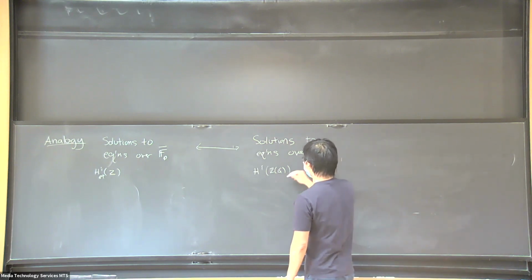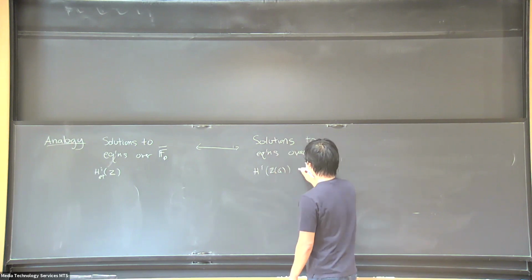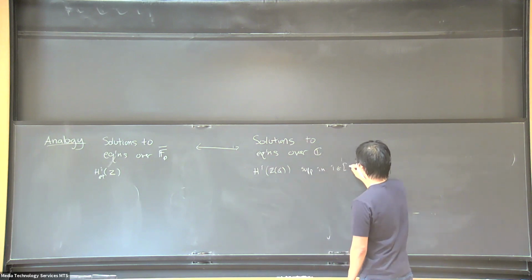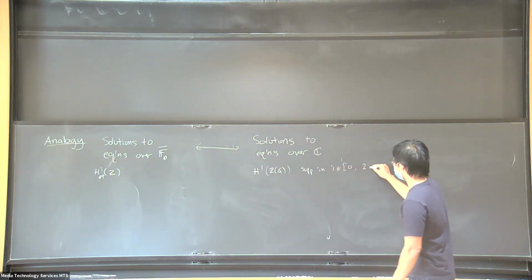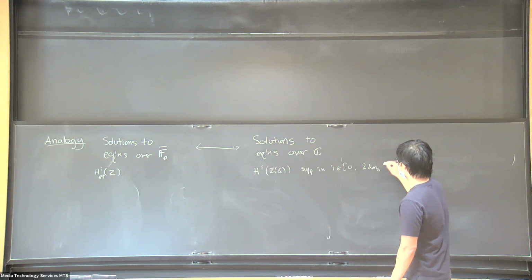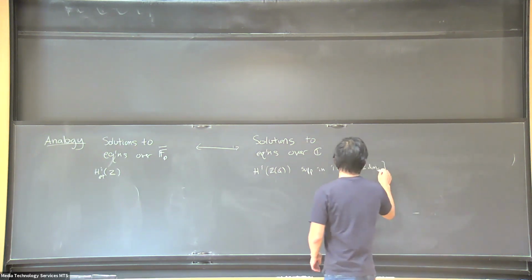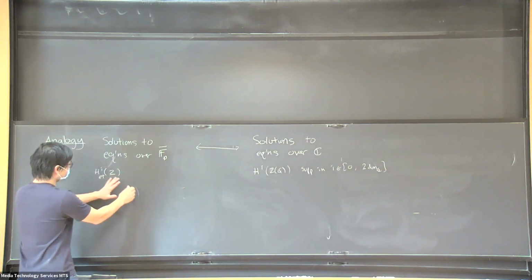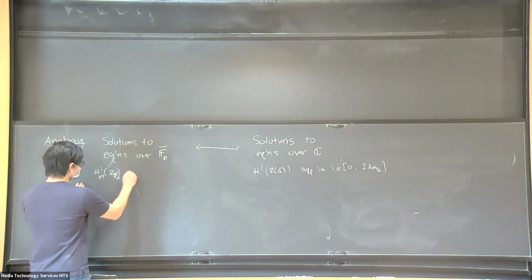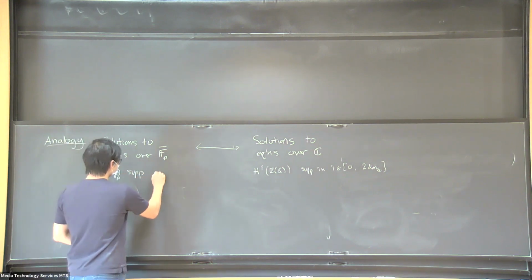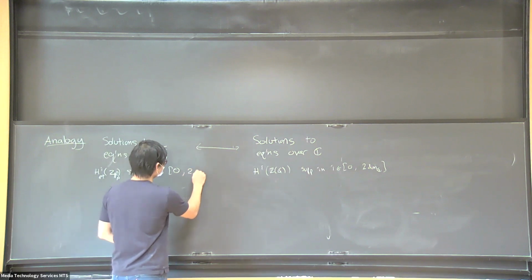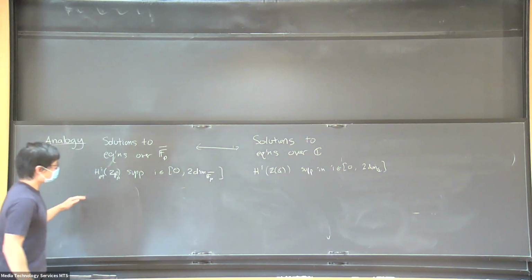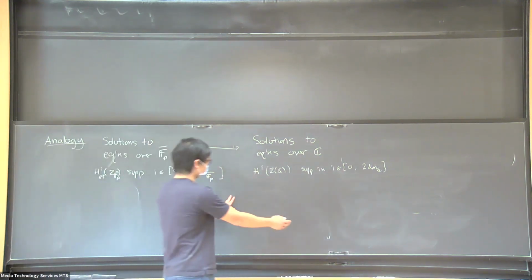And so, at least in our particular example, this homology was supported in degrees between 0 and 2, and in general will be 2 times the complex dimension. And in this case, you would see the same behavior, supported between 0 and 2 times the algebraic dimension. Another example of how these behave similarly is that here there's something called Poincaré duality.